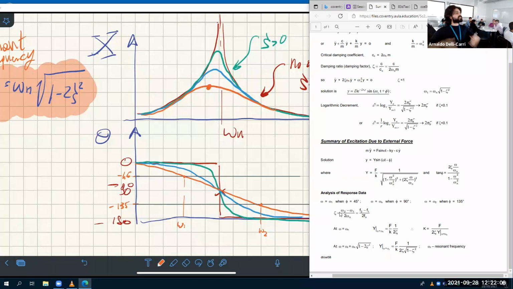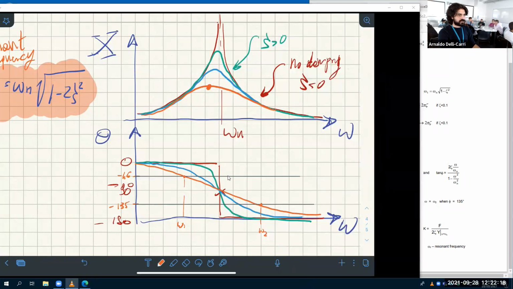So we found another way of estimating zeta, besides the ratio of two successive amplitudes, or C over C critical: if you have this information, omega 2 minus omega 1 divided by 2 omega n. Omega 2 is where this curve intercepts 135 degrees.